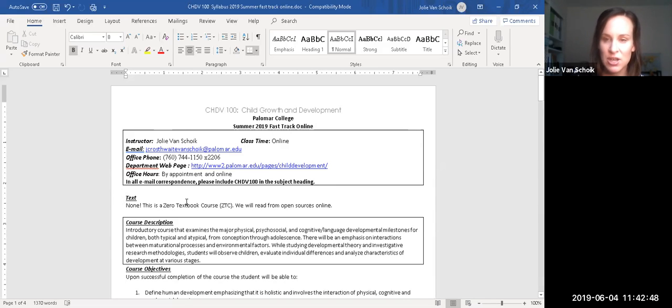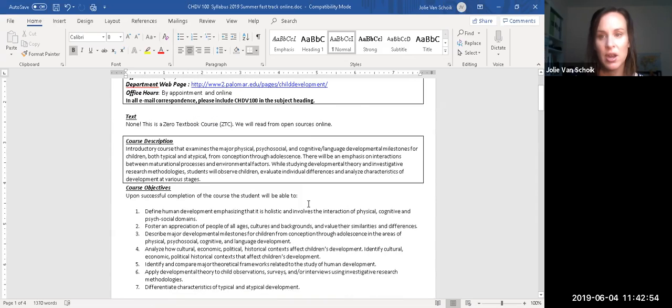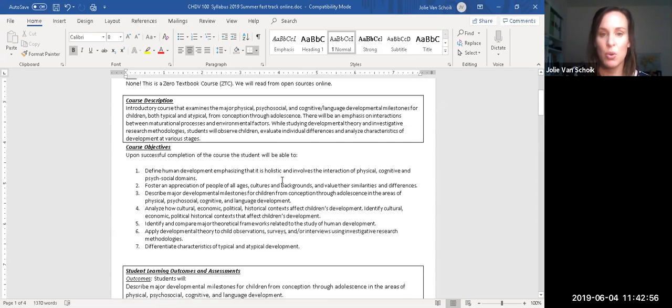Once again, it's a zero textbook course, so we're going to be using open educational resources that I tell you about and link to on Canvas. So as I said before, this is a child development class. So this is child growth and development, which is our 100 class. And we're going to be looking at physical, social and emotional, cognitive, and language milestones for children from conception to adolescence, early adulthood.